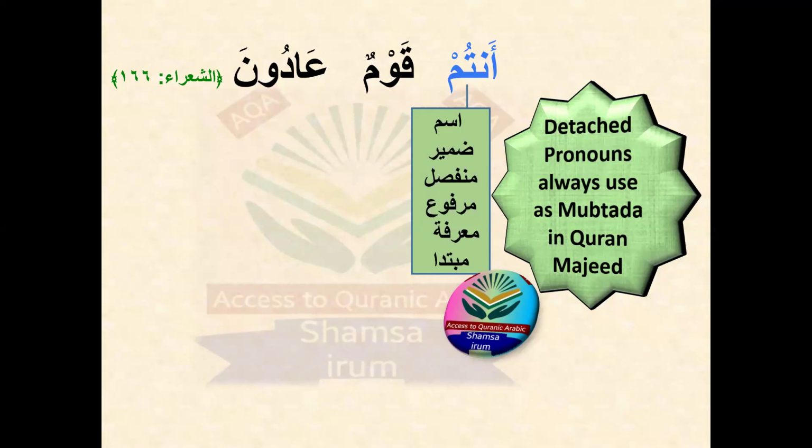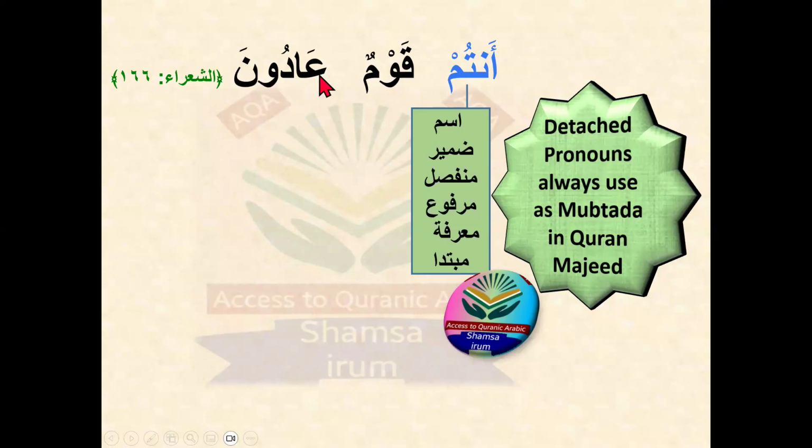I hope you will say it is nakira because there is no al before it. If it were al adun, then it would be marifa, but there is no alif lam in the beginning. So it is nakira as well. They both are nakira.